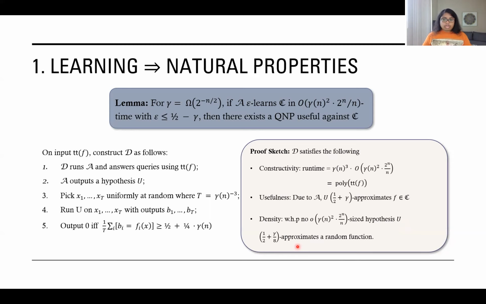So it's not going to have high correlation with any random function. And because of that, by doing a Chernoff bound, you will find that it doesn't satisfy this condition. And so in that case, your natural property will accept a random function with high probability. So that is the main idea that is used: you use a learning algorithm to construct the natural property.